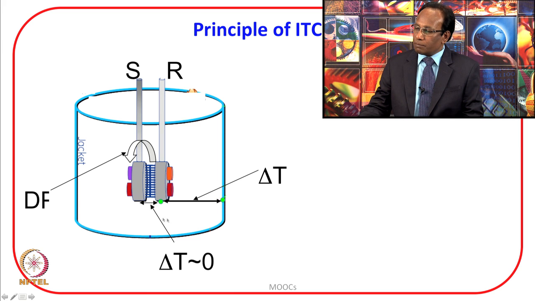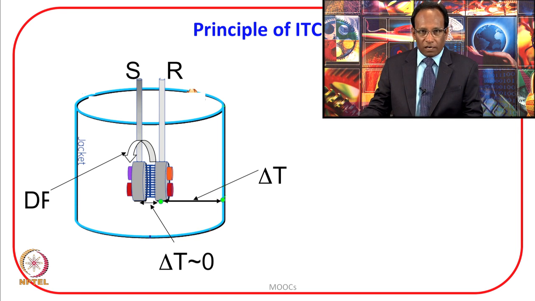Constant power is supplied to both the cells to maintain the temperature difference between the cells at 0, and everything is to be kept isothermal, because look at the name, the title, isothermal titration calorimetry.